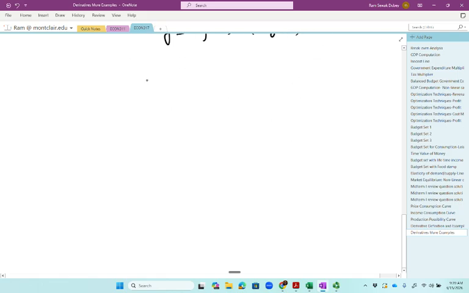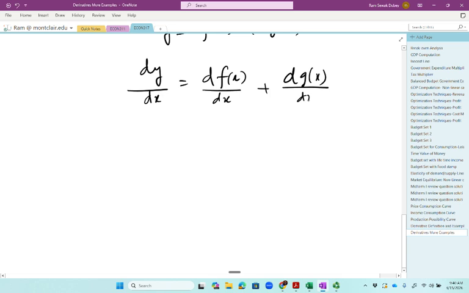For this, the derivative dy over dx is the sum of the derivatives of each one of these functions: derivative of the first function plus derivative of the second function.